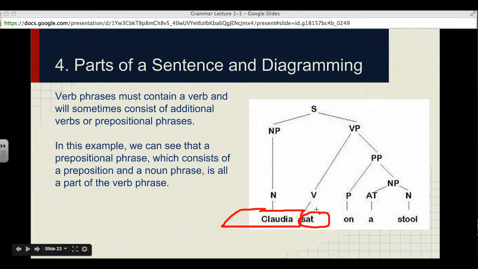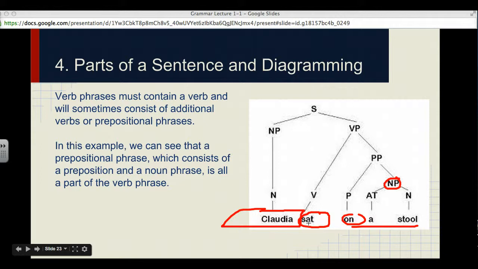Here we have our verb, sat, and then over here we have another example of a prepositional phrase embedded in this verb phrase, on a stool. That's our prepositional phrase, and then also we can see that within that prepositional phrase we have another noun phrase right here. This prepositional phrase is providing adverbial information. It is saying where Claudia sat. Well, where did she sit? She sat on a stool.